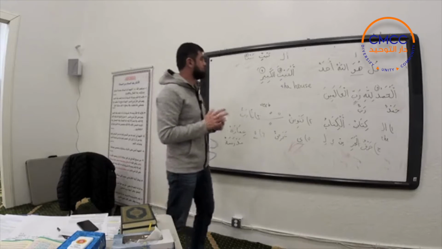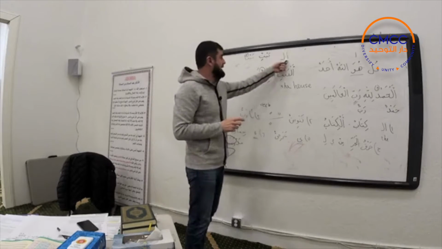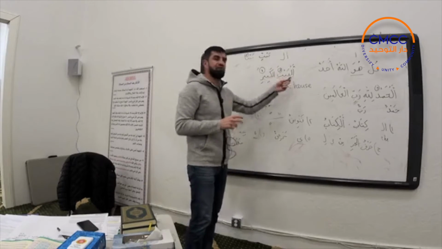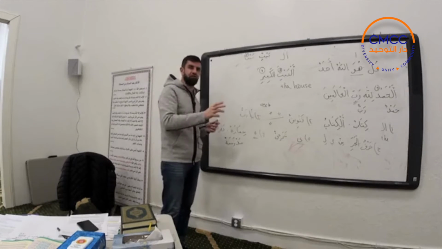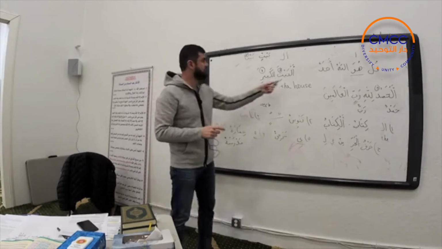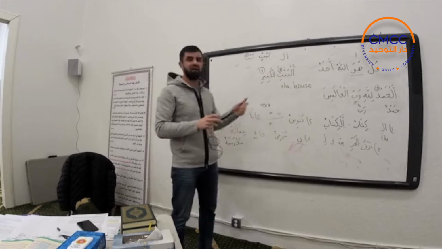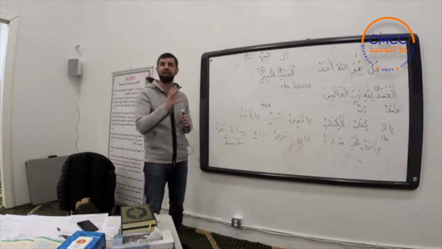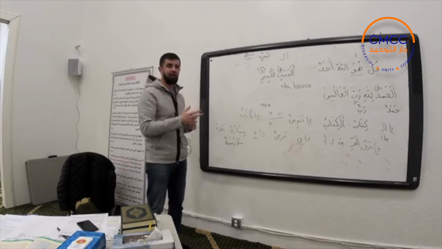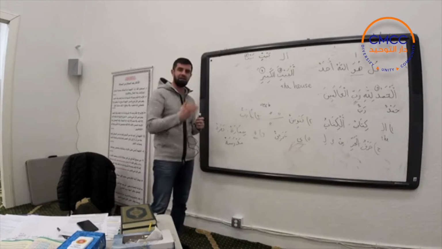What we should know is that al can come in front of ism, noun and adjective. And when we see al, it means it cancels tanween. It's not going to be an, in. It's going to be u, damma, a, fatha, i, kasra.